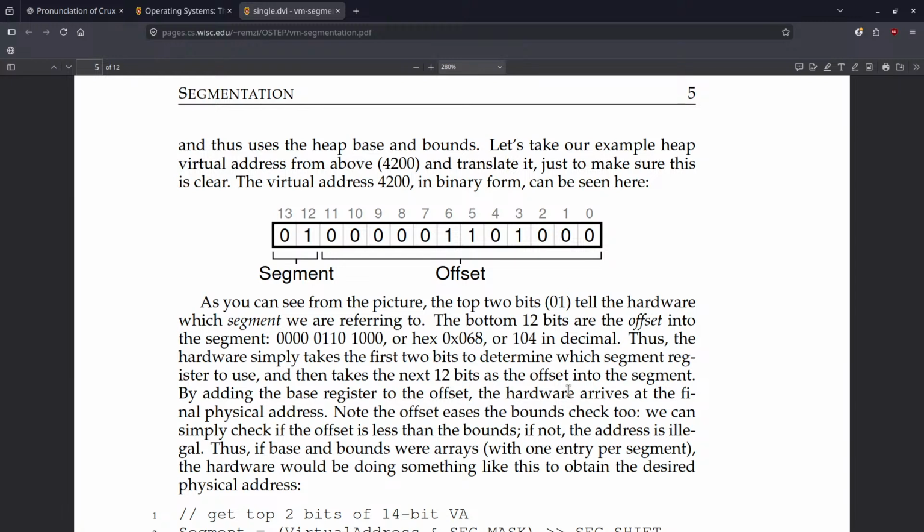We can simply check if the offset is less than the bound. If not, the address is illegal. Thus, if base and bounds were arrays with one entry per segment, the hardware would be doing something like this to obtain the desired physical address.